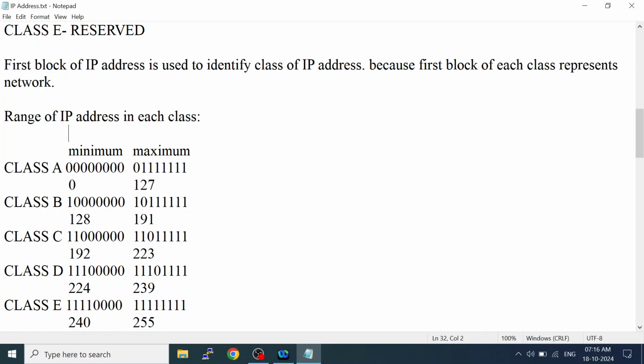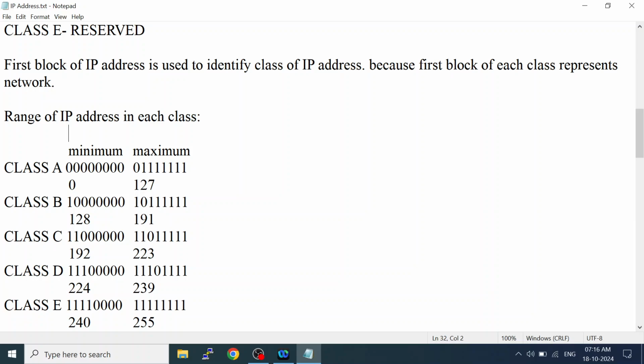The rule is that the first bit must be 0 for class A. Here you can see the first bit is 0 as per the rule, and the remaining bits we keep 1. When we convert it from binary to decimal, the value comes 0 to 127. So this is for class A.